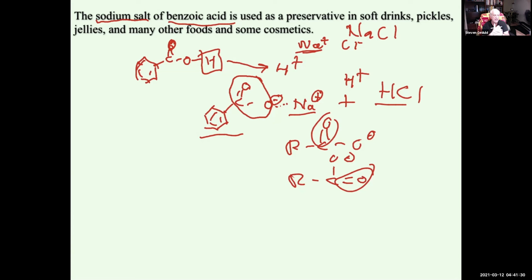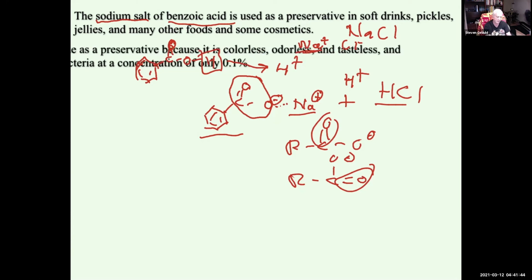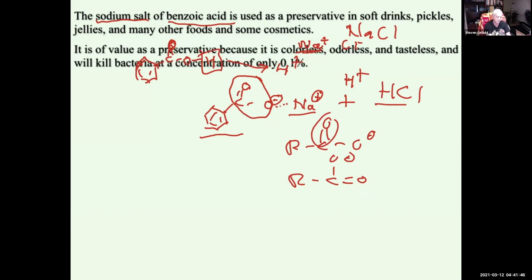That's where a lot of our reactions involve the formation of water. Water is an extremely stable compound, so it pulls things around to form a stable compound. And the same with these sodium salts of benzoic acid or sodium salts of any type of carboxylic acid. So that's what we mean when we talk about the sodium salt of an acid.